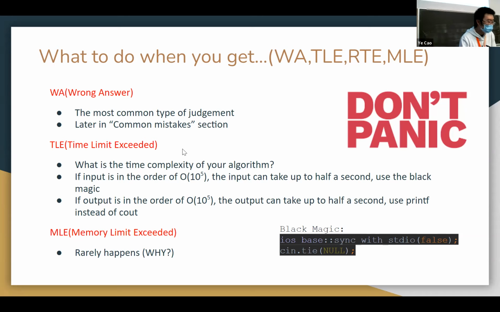I know you are trained to think critically and judge authorities, but in programming competition, when they say you get it wrong, you get it wrong. Okay, accept it. And start thinking what might possibly have gone wrong. So this WA judgment is deserving of an entire section, so I'll save it for later.